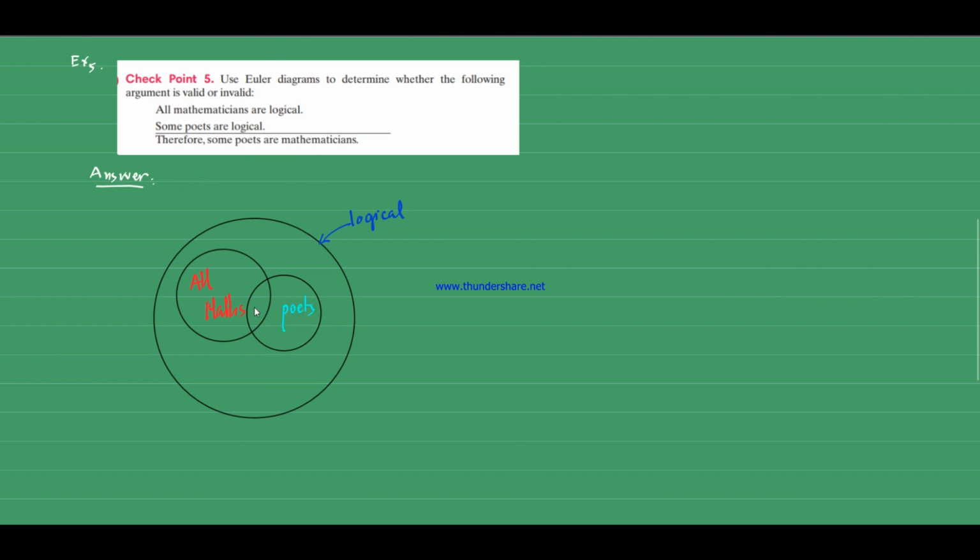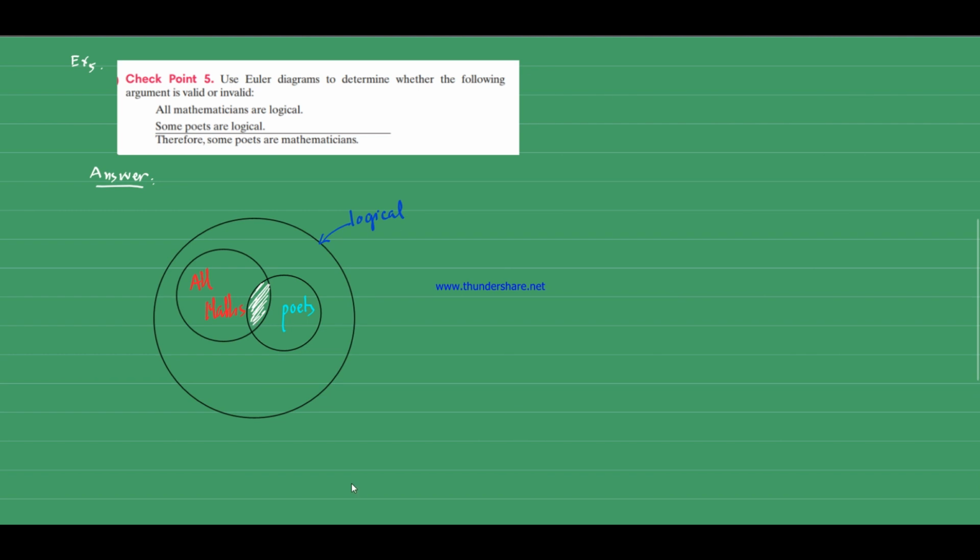Therefore, some poets are mathematicians. So looking like that, my Euler diagram will satisfy the two premises and also satisfy the conclusion, because some of them are mathematicians right over here.